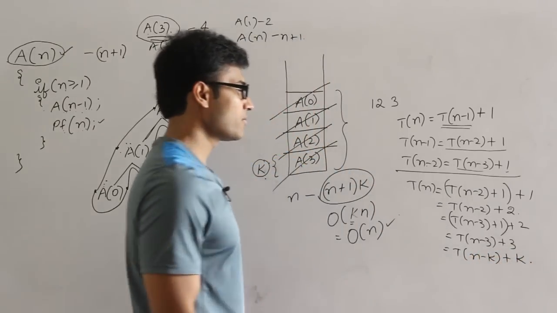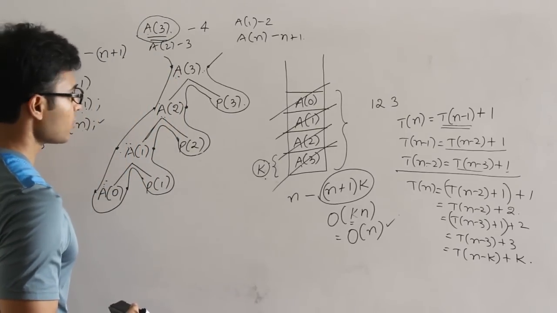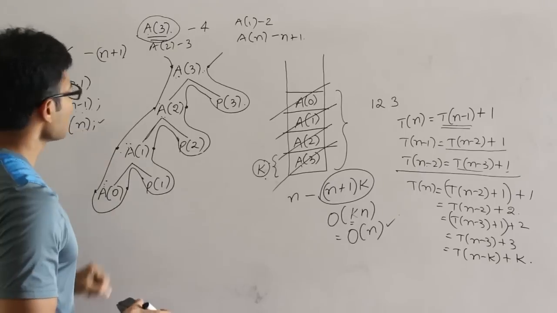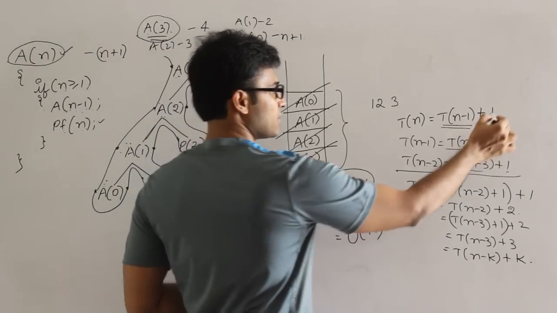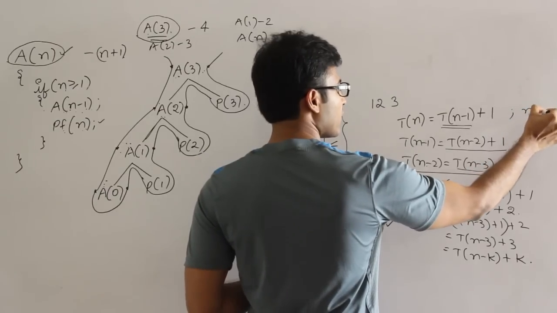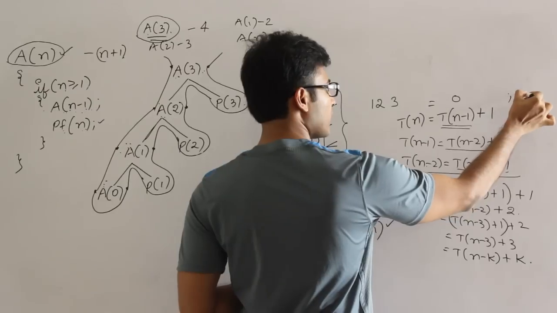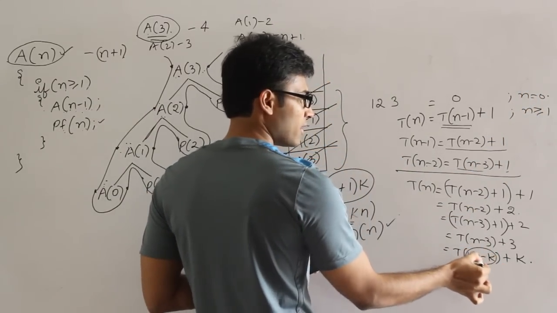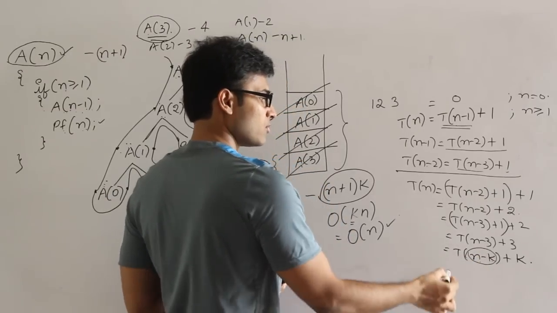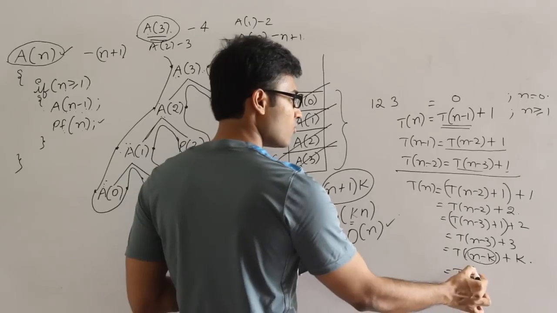Then where are you going to stop this? Whenever n goes to 0, it is going to stop. So this recursive equation is for n greater than or equal to 1, and it is 0 when n equals 0. So how to make this one 0? Whenever k equals n. So substitute n in place of k. Then what do I get?